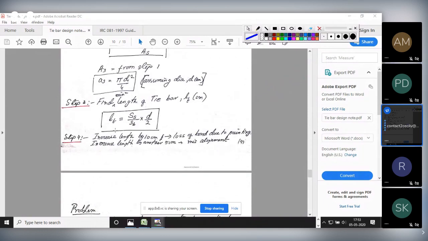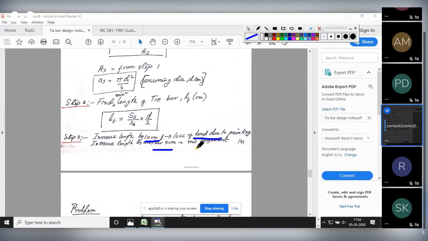Apart from this, we have to increase the length. Suppose after calculating we get a 65 centimeter length. This length is in centimeter, note it down, don't keep it in meter. 65 meter is a huge number. So if it is 65 centimeter, then increase that length further by 15 centimeter. 10 centimeter is for loss of bond due to painting, and another 5 centimeter for misalignment.